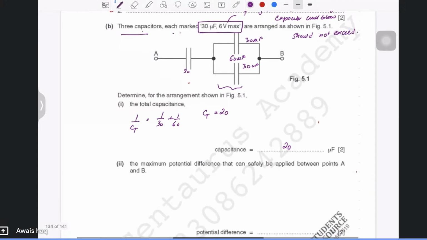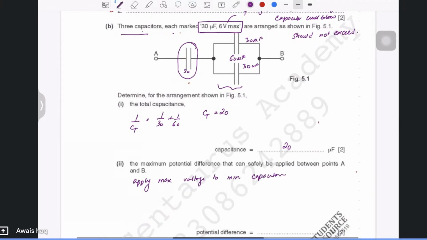Now it says the maximum potential that can be safely applied between this. Now what you do, when you have the total capacitance, is apply the maximum voltage to the minimum capacitance.